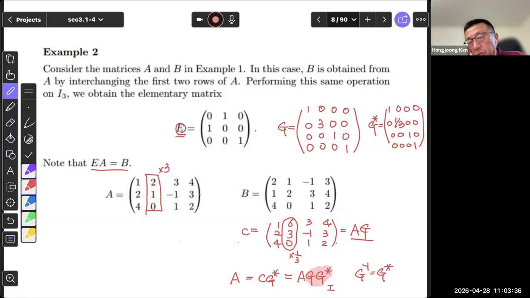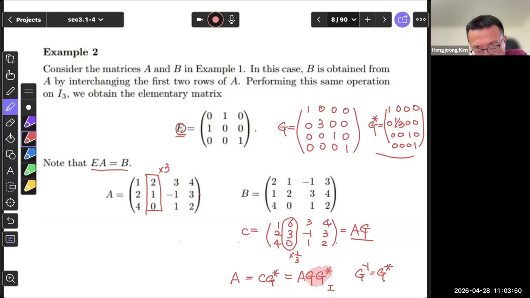Right? So, in case of scaling operation, how do I obtain this G star matrix? The scaling factor was 3, and in case of G star, the inverse, I need to replace this scaling factor with its reciprocal, 1/3.